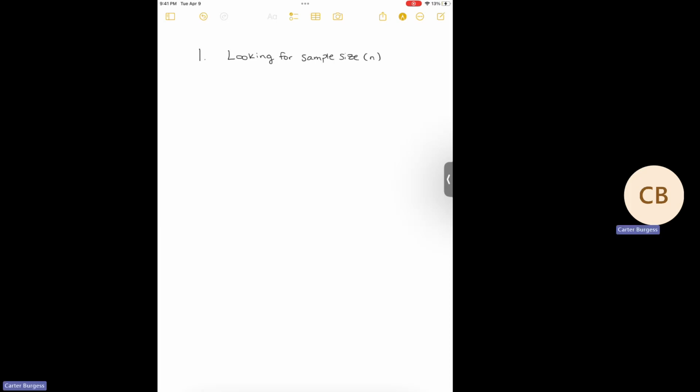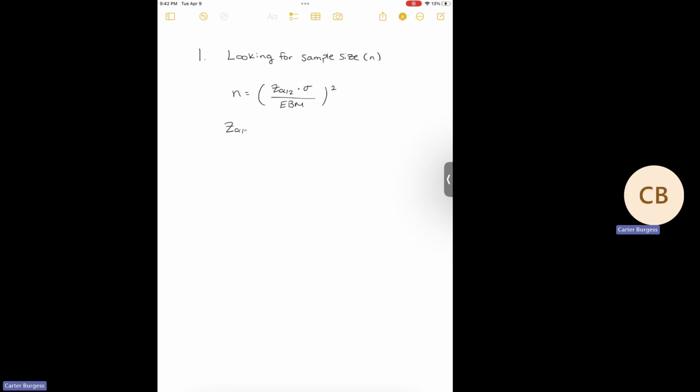or value in this case of n, and so we should know n is equal to z of alpha over 2 times sigma, divided by the error, all squared. All right, so 3 components here.